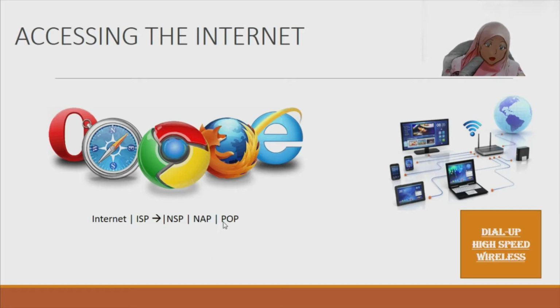POP here refers to point of presence. So either the user connects to the ISP, and the ISP connects to the NSP, which is the network service provider, or it can directly connect to the NAP, the network access point, or directly connect you to the POP, the point of presence.